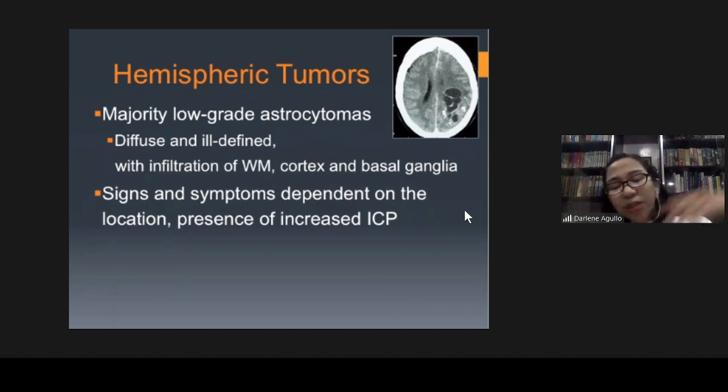You can have contralateral hemiparesis, contralateral hemisensory loss. You can have field cuts. So, quadrantanopsia. Okay? Depending on the area involved. So, madaling malocalize kung hemispheric yung tumor mo.